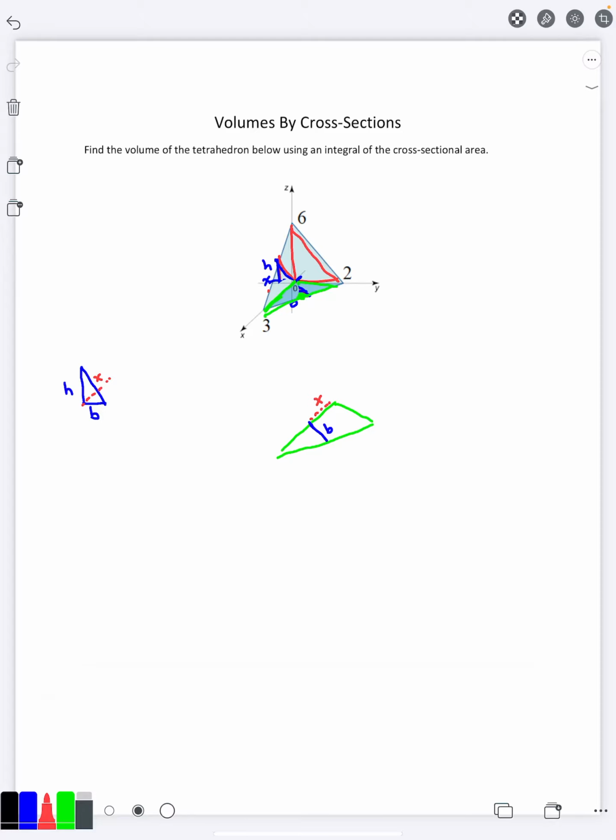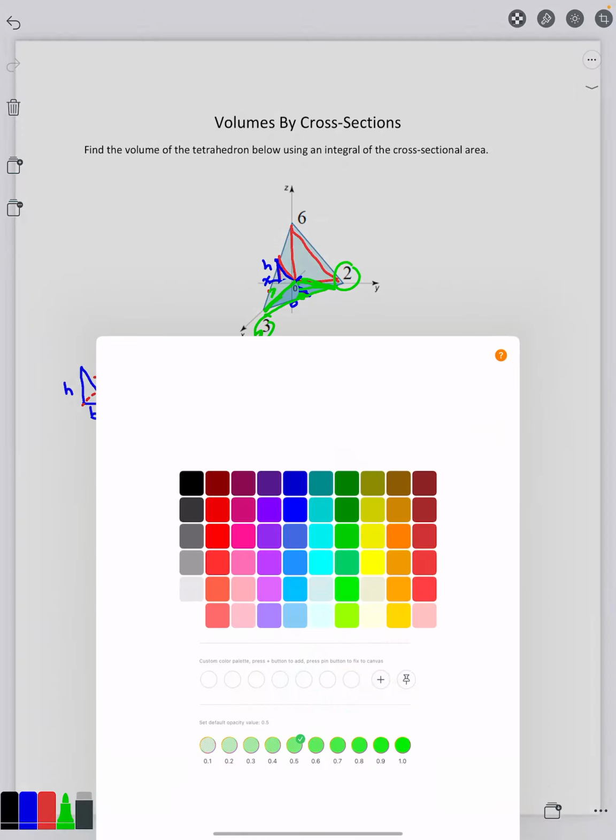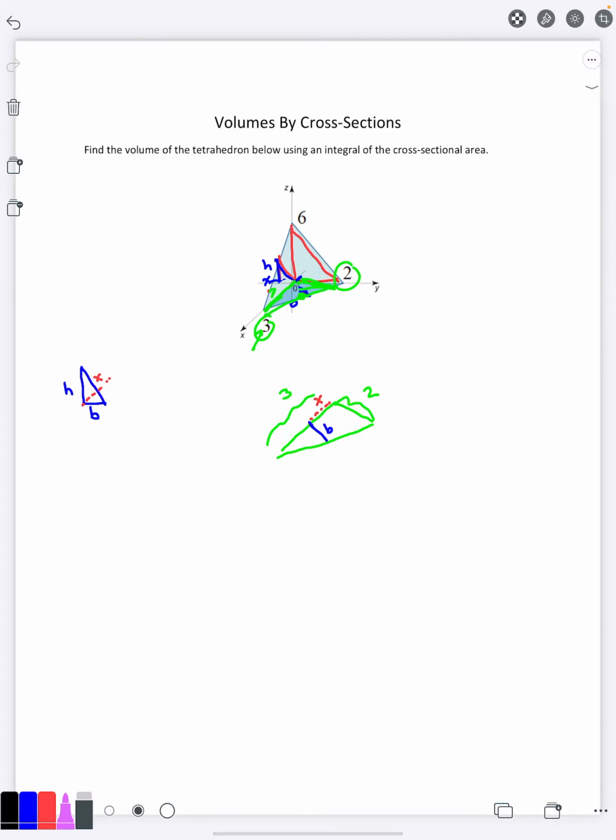Now, in our picture, we see that the green triangle has a length of 3 on that side. So this whole side here is 3. We also see, based on this, that this side is 2, which means that if the whole side is 3 and that part's x, this little piece here is 3 minus x.